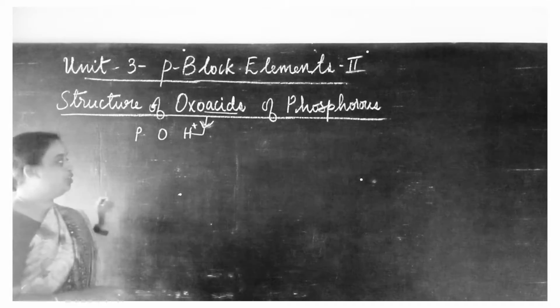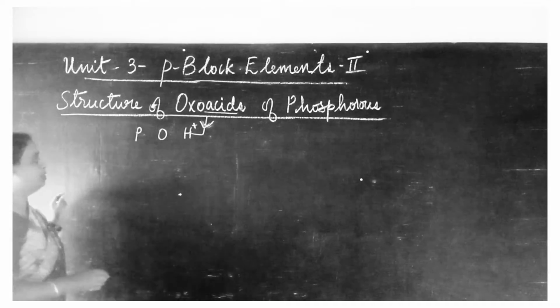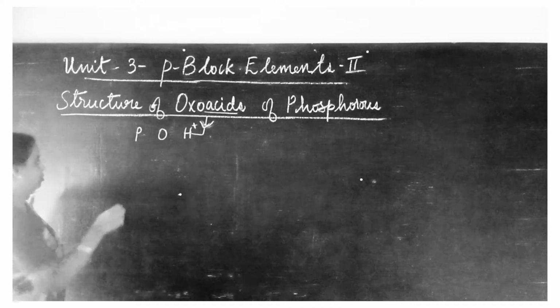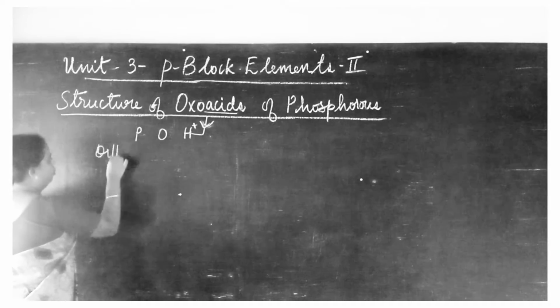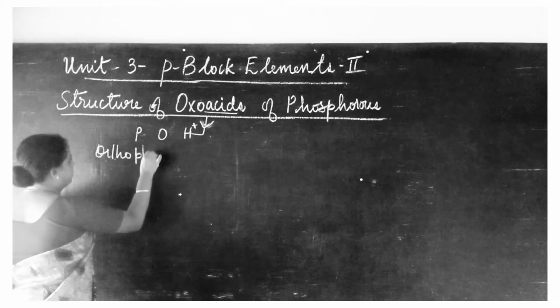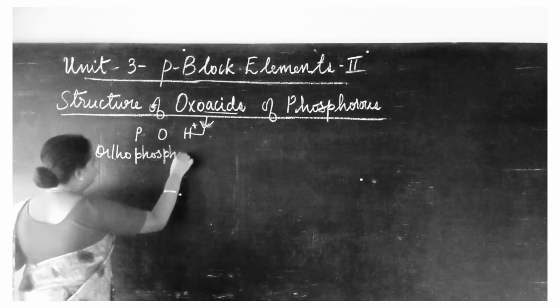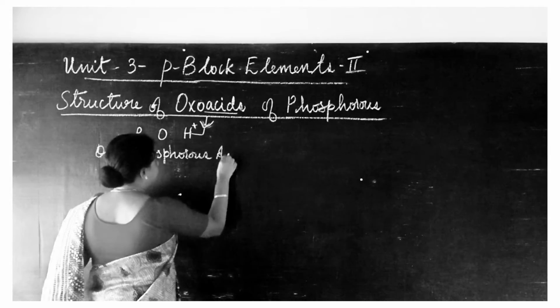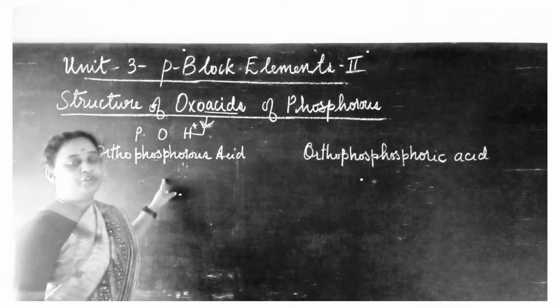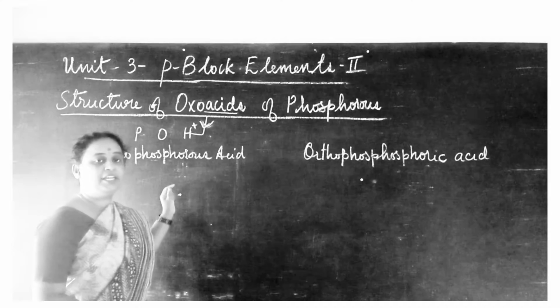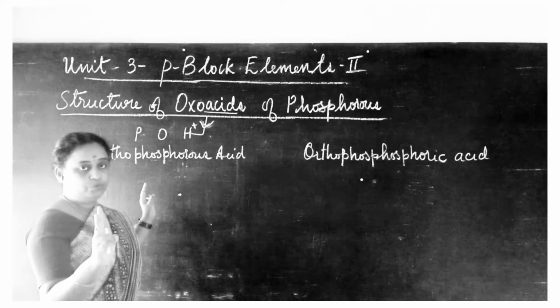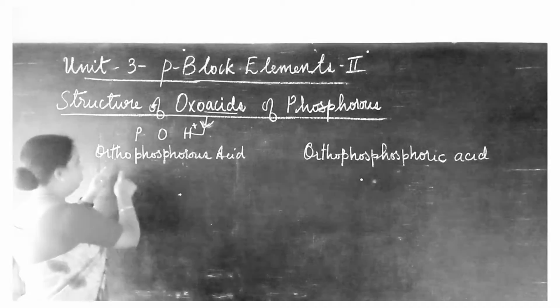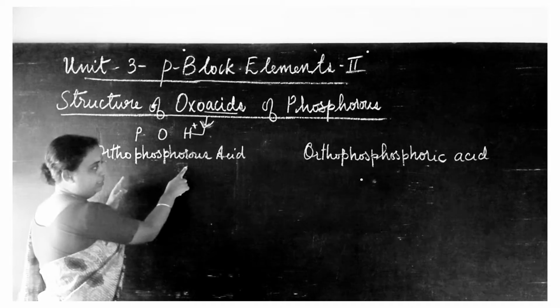Now, the basic structure for these oxoacids of phosphorus is two structures. So oxoacids of phosphorus I am categorizing into two. One is orthophosphorus acid.